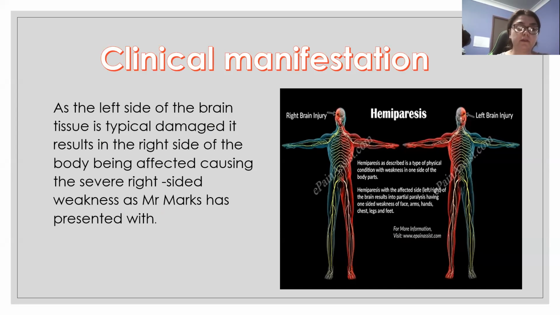It can also be located in the cerebellum and brainstem, which triggers the inflammatory response, resulting in the release of inflammatory mediators and causes the cell death and edema as discussed in the pathophysiology of stroke. As the left side of the brain tissue is typically damaged in a stroke, it results in the right side of the body being affected, causing the severe right-sided weakness, just like what Mr. Marks has displayed in his clinical manifestations.